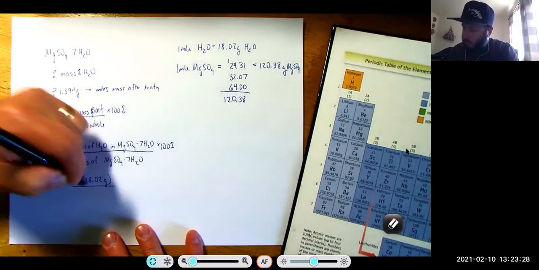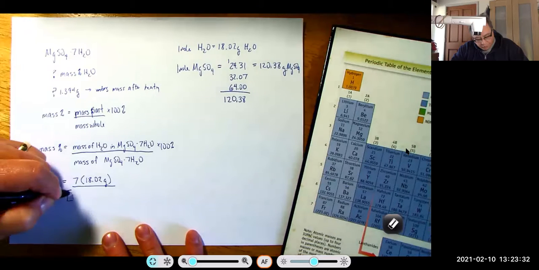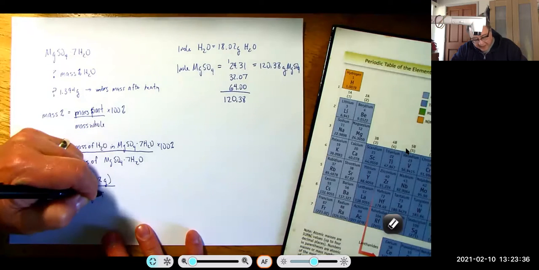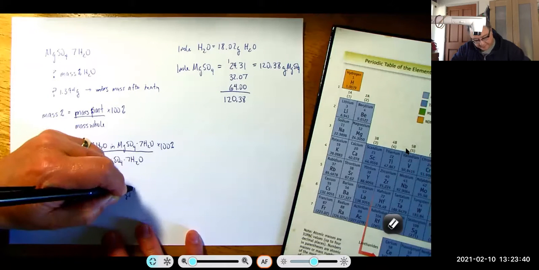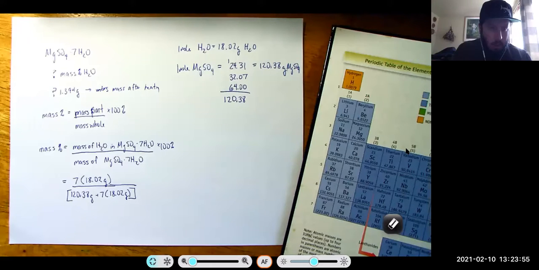Down here, we're going to have 120.38 grams plus 7 times 18.02 grams. What do you think about what we've written there so far? Yeah, I get it. Okay, and then times 100%.